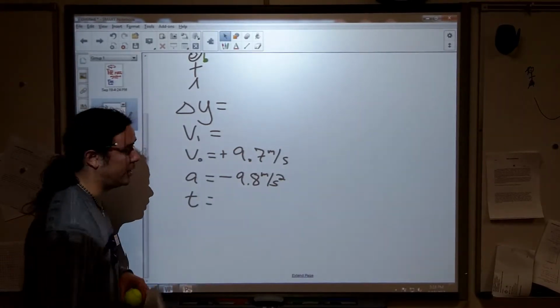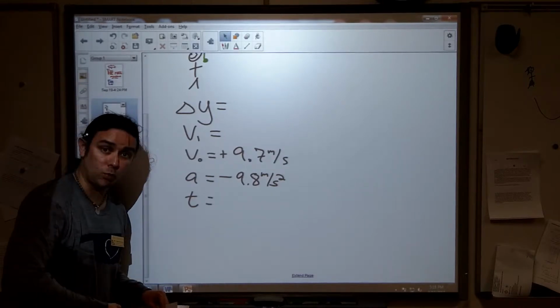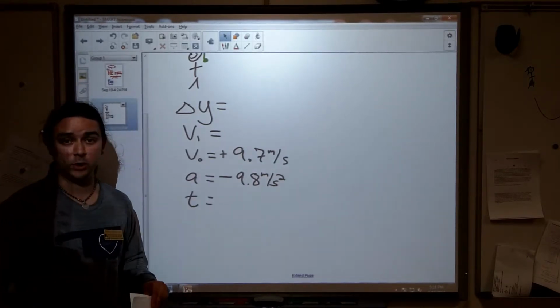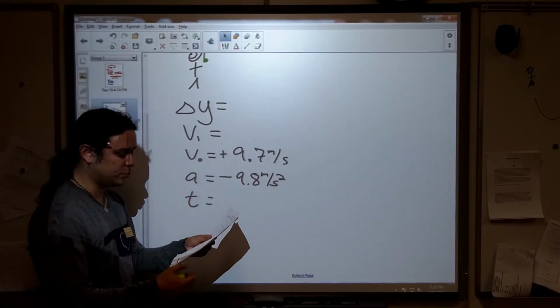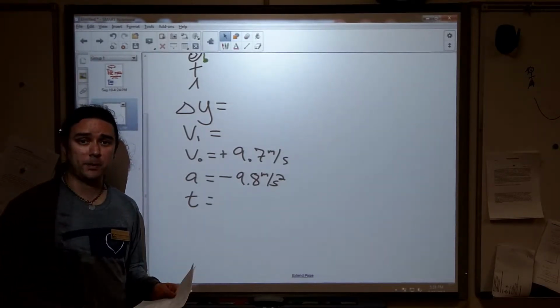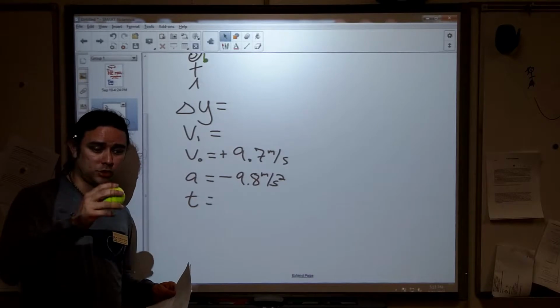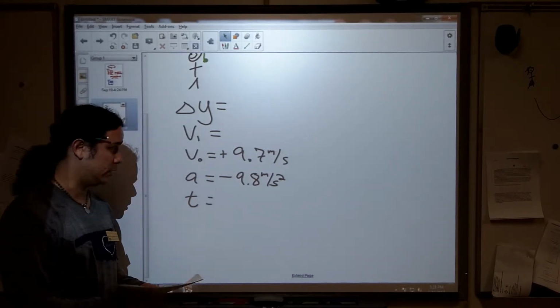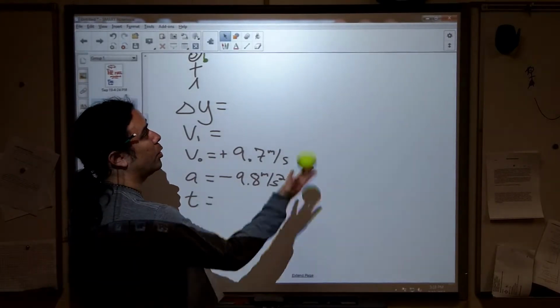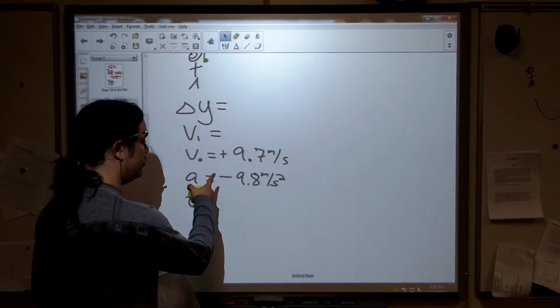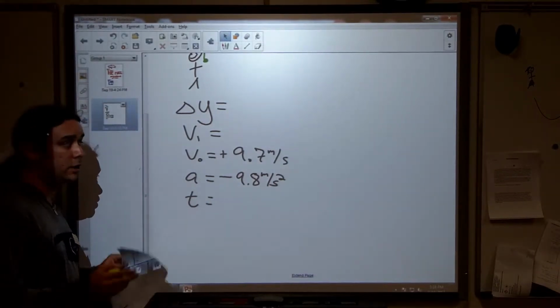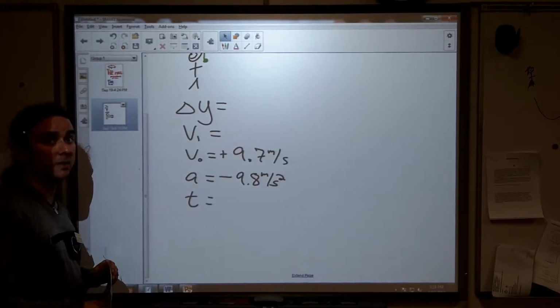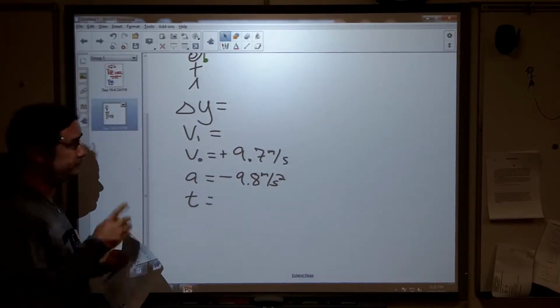So we didn't actually have to write that. But if we threw it downward, this would be a very different problem. You'd need to put a negative in there. It's not downward, so just keep track of that. In the future, you may have a problem where that becomes important. Your initial velocity might be downward. I could be throwing it down. In this case, I'm throwing it up. Great. If you misplace some of these negatives, if you forget to keep track of direction, you might end up with answers that don't make any sense.